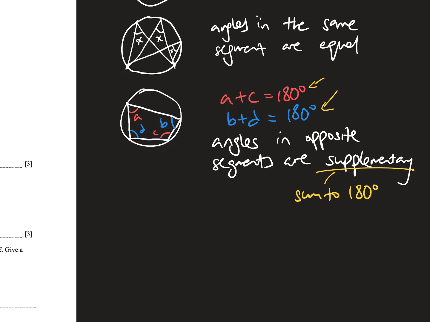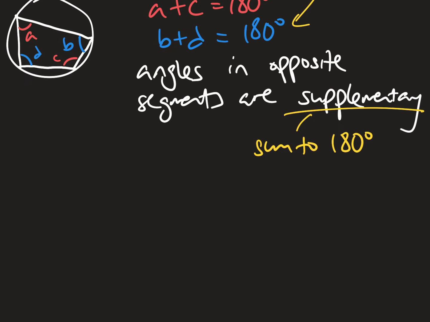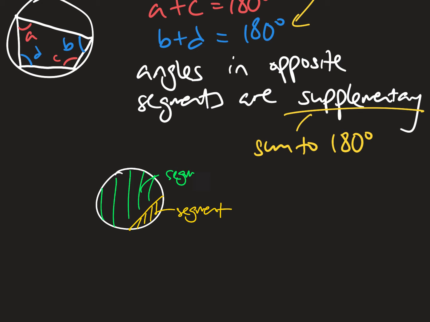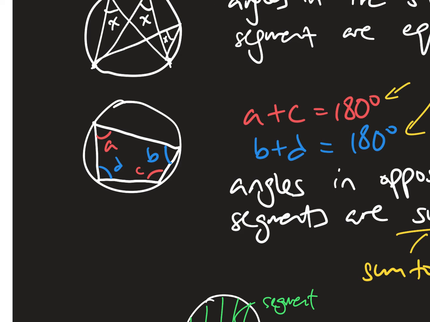And right now, let me just quickly recap what a segment is. If I just draw a circle, basically if I cut the circle from a point on the circumference to another point on the circumference, what I get, this is a segment. And this is also a segment, so I really split it into 2 segments. And that's why you can see in this example over here, the angles in opposite segments, like say A and C, because you could technically split this circle down this way.